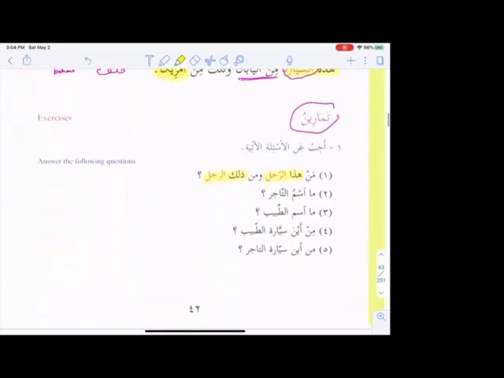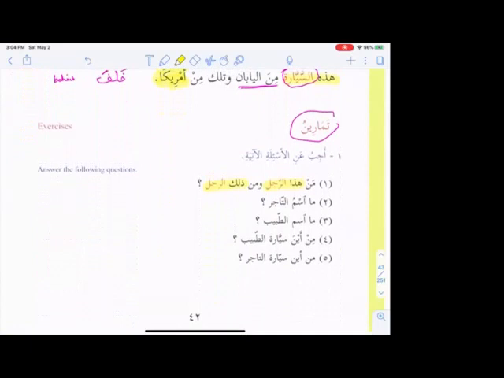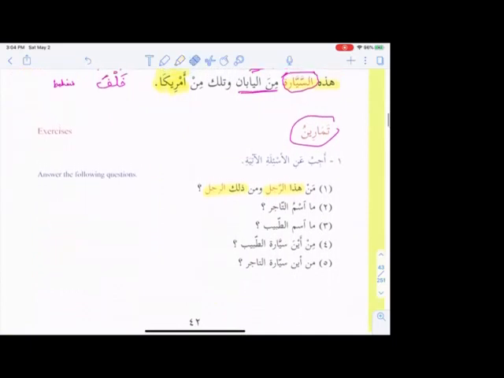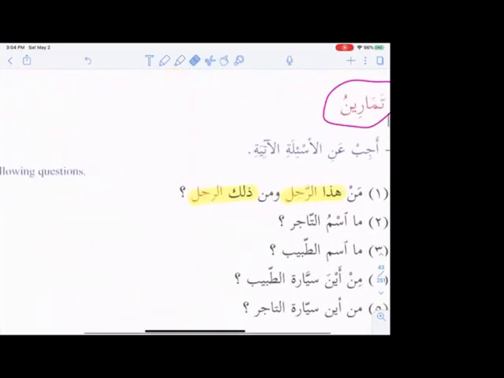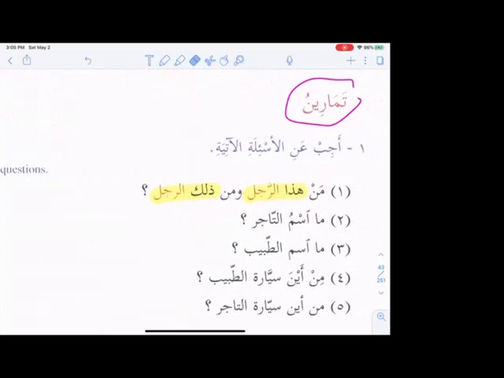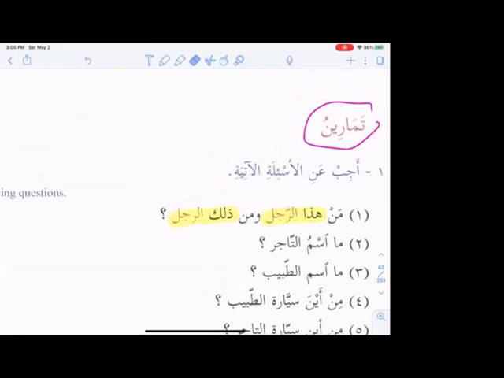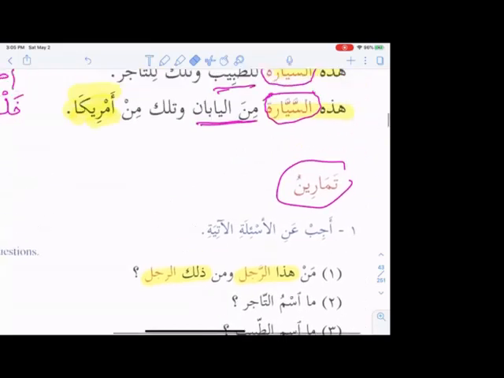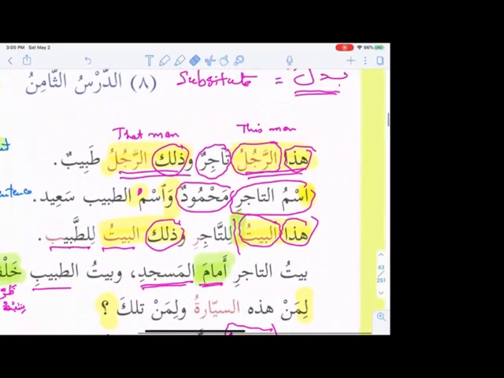Okay. Now, here is something that you will be answering yourself. Man hadha rajulu. We just learned. Man dhalika rajulu. Now you have to go back to the lesson and figure out. Hadha rajulu tajirun. وذلك الرجل طبيب. Am I right?